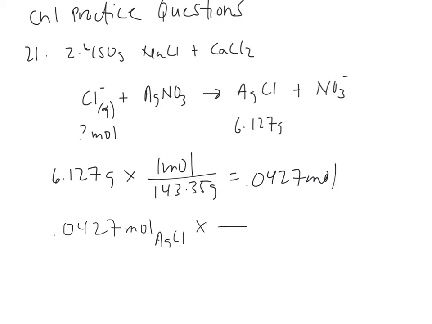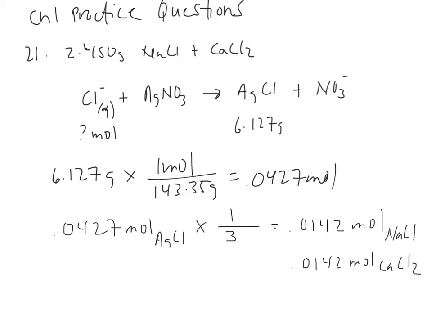So if I divide this by 3, 0.0427 divided by 3, I get 0.0142 moles, and that's really how many moles of NaCl I have, and then how many moles of CaCl2 I have, because CaCl2 would need 2 of these chlorine, or 0.0284 moles, to make up the CaCl2. So that's how I figured out how many moles of NaCl and CaCl2 I had.